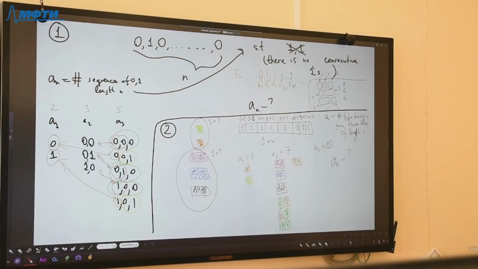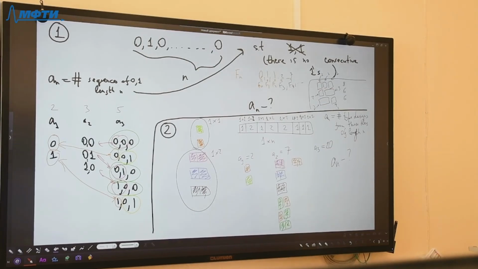Now, how do you get this one? Why is a_n equal to a_{n-1} plus 2? Let me think again. You see that a_1 is equal to 2 and a_2 is equal to 7, so it's not that.